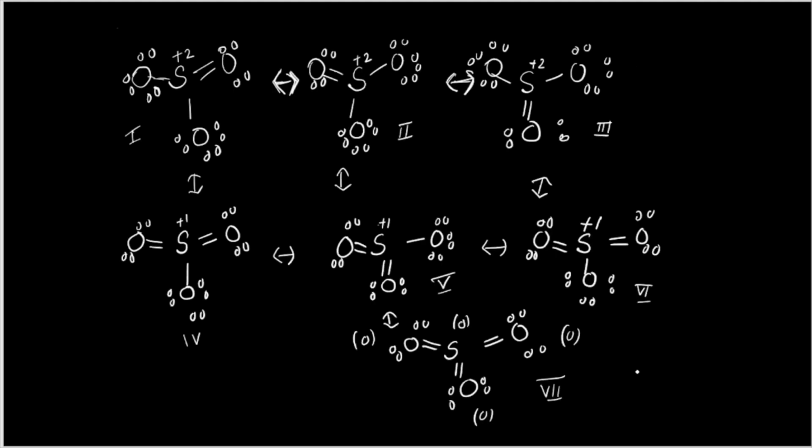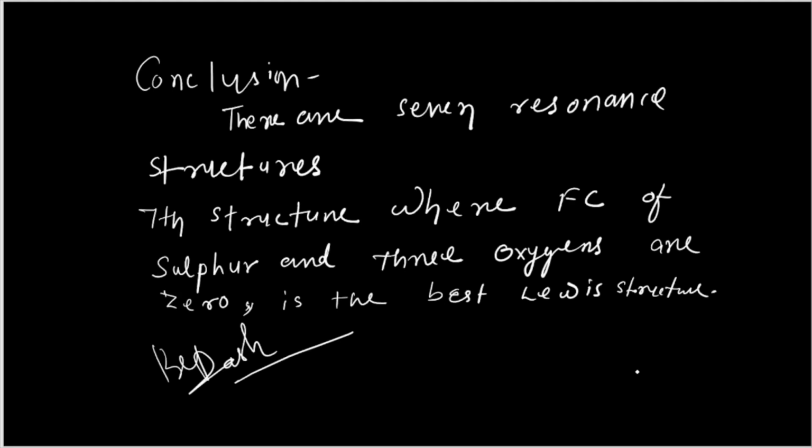And here you can observe 1, 2, 3, 4, 5, 6, 7. So this is very, very important. By expanding, how many structures are developed? Before that, how many structures were there? Totally 7 structures. So the conclusion: there are 7 resonance structures.